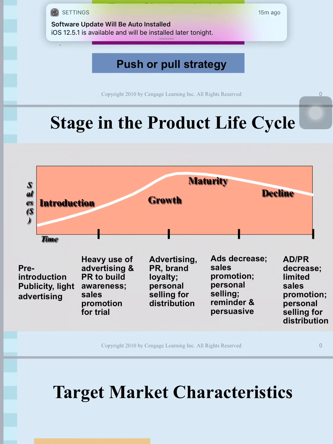But when you go for the growth stage, there is heavy use of advertising and public relations to create awareness, sales promotions, and trial. Basically, this is still in the introduction stage. Okay, when you go for the growth stage, it is advertising, PR, and brand loyalty, with personal selling for distribution.